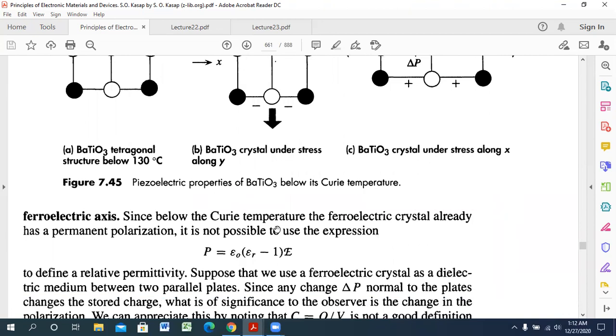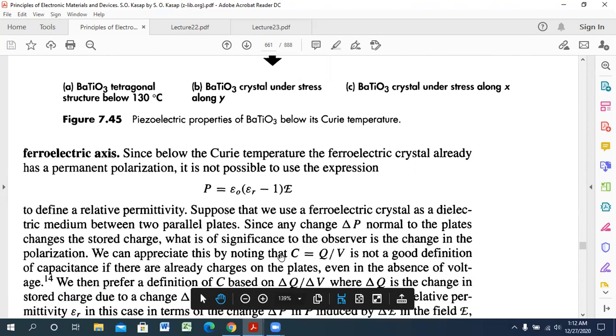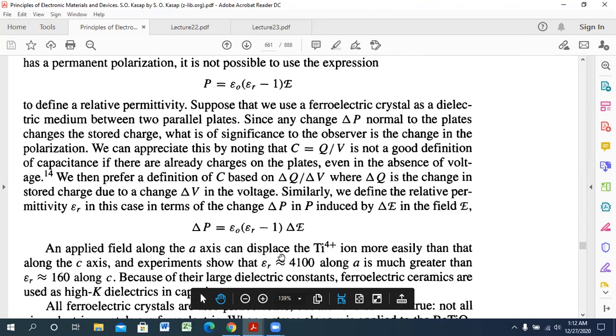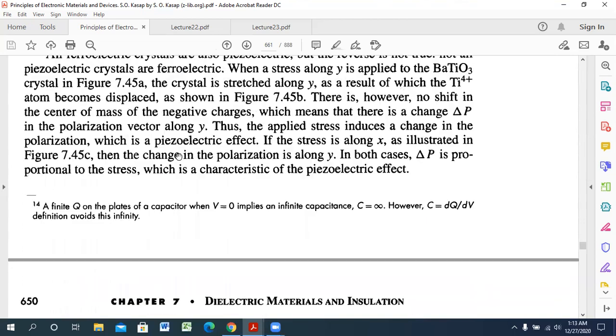Now this terminology: P equals epsilon naught into epsilon r minus 1 multiplied with the electric field E. Next one is delta P, the amount of change of the polarization. So the only terminology changed here is that delta P is associated with delta E. We have derived this polarization expression beforehand.